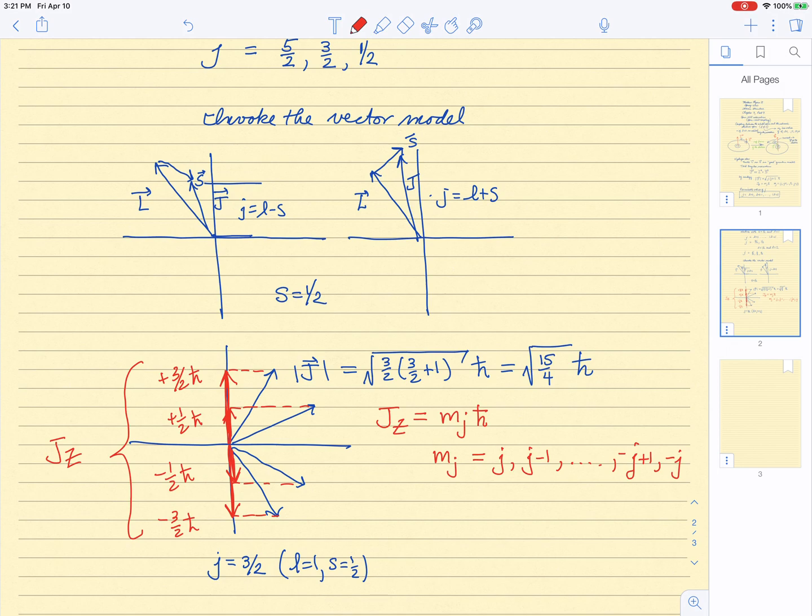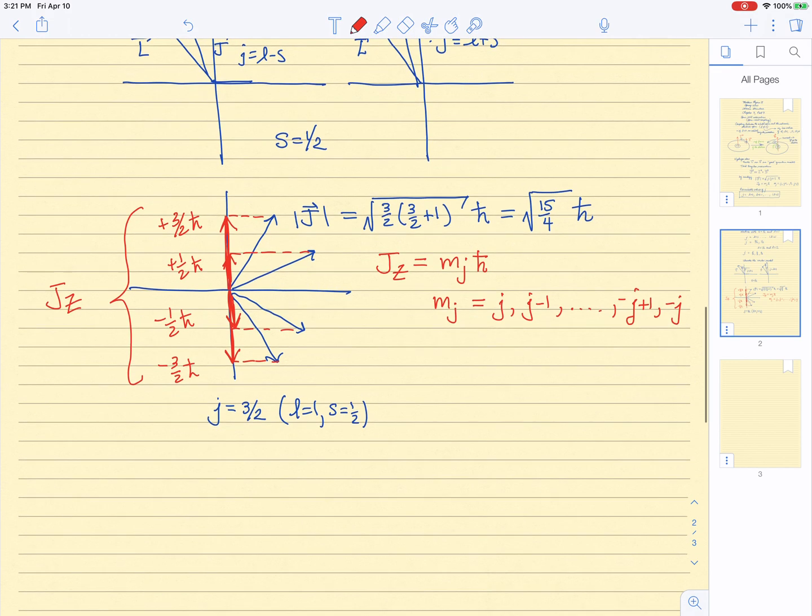So I want you to recognize a couple of things here, that the m sub j values are always even. And m sub j then is going to be either 2L or 2L plus 2.